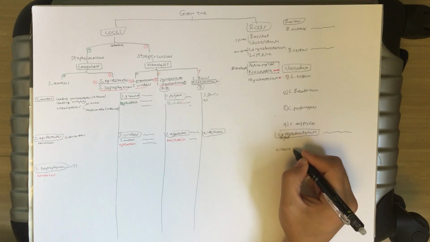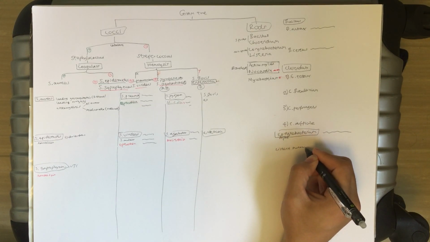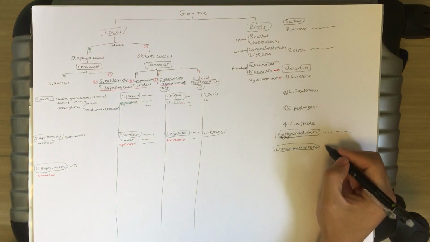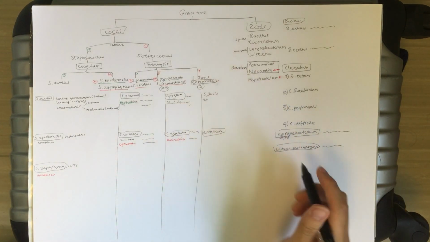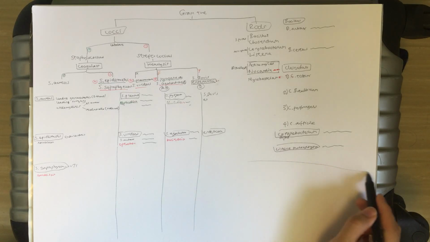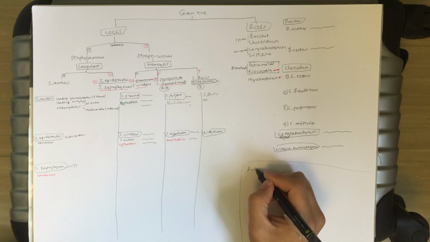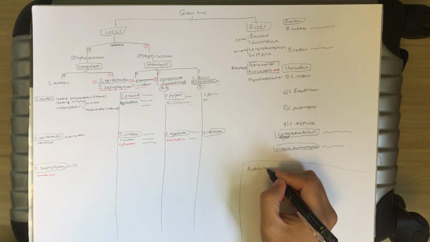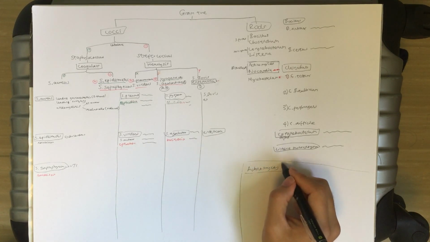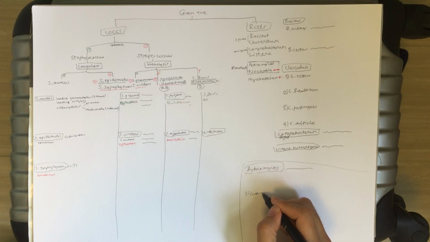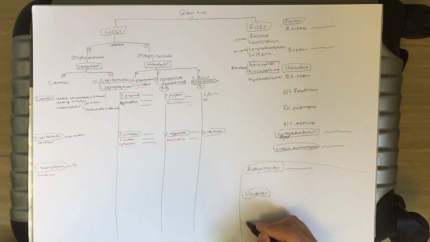Listeria monocytogenes, and then write information here. And then you can have a little box. This is where your branched bacteria are. So Actinomyces, write information, Nocardia, and Mycobacterium.